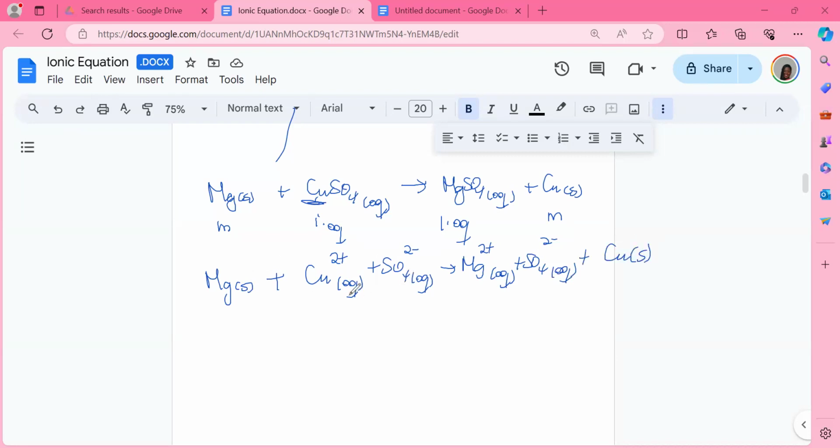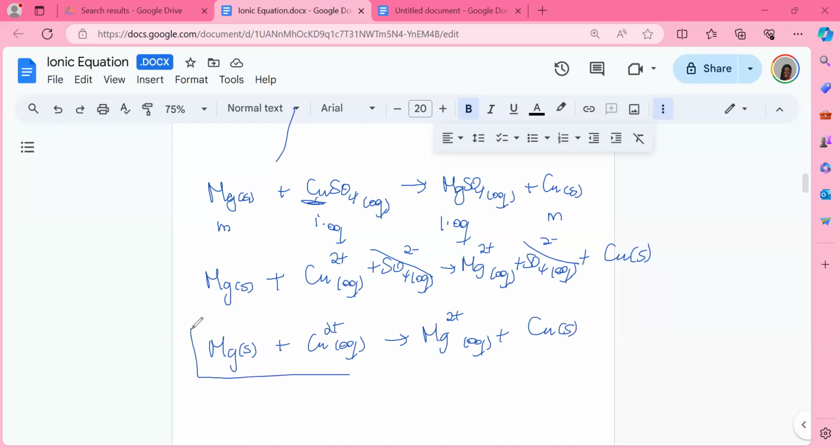So we're going to delete the spectator ions, which in this case is sulfate. So Mg solid plus copper 2 plus aqueous produces Mg 2 plus aqueous plus copper solid. This gives us the ionic equation. So that's it for ionic equation.